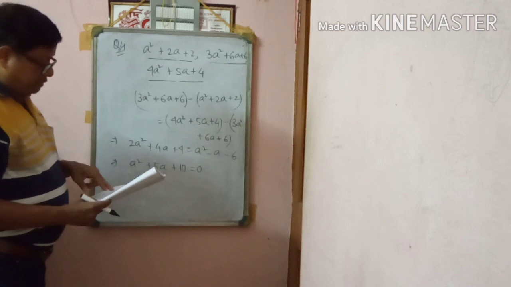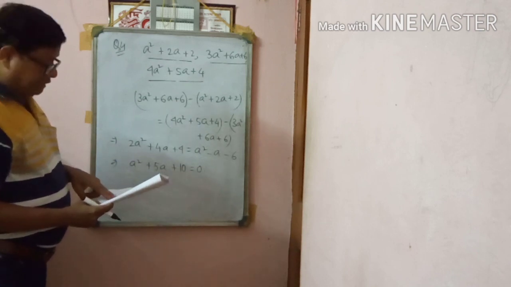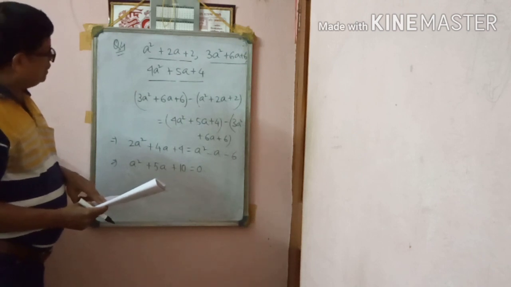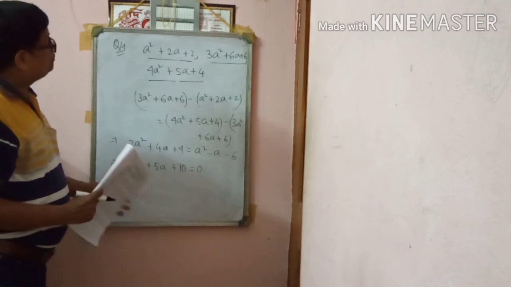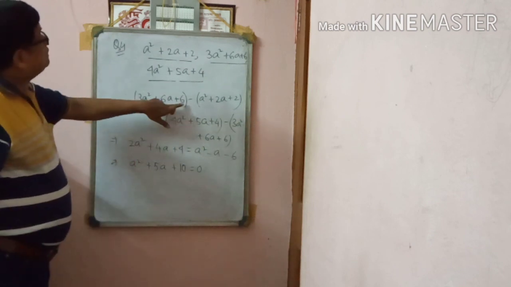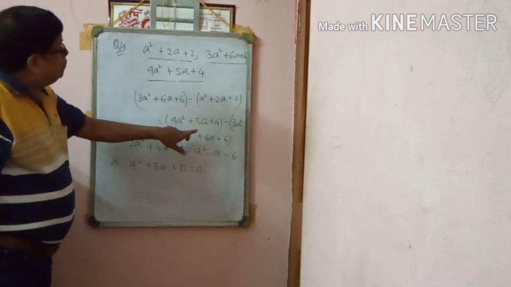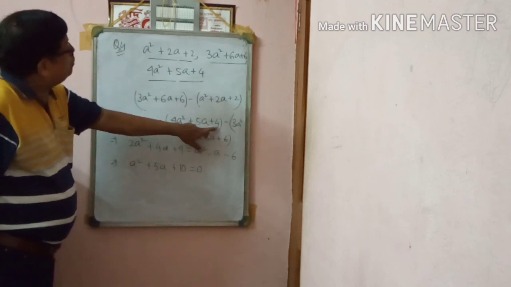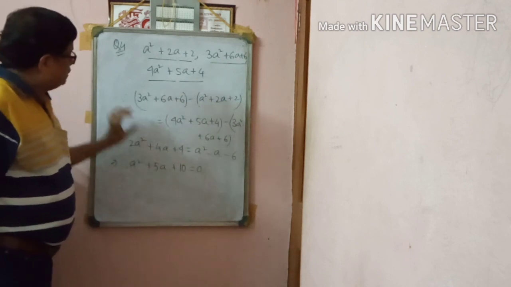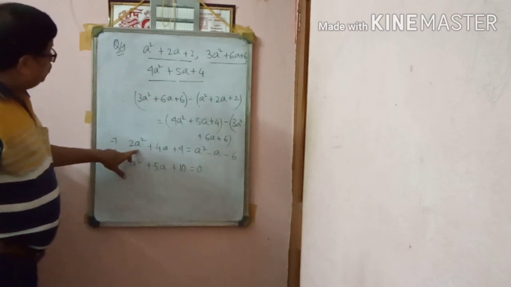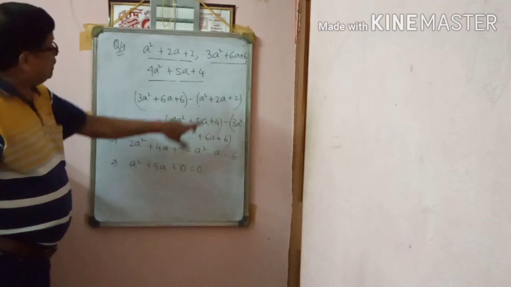So 3a square plus 6a plus 6, 4a square plus 5a plus 4. So here 3a square plus 6a plus 6 minus a square plus 2a plus 2 equal to 4a square plus 5a plus 4 minus 3a square plus 6a plus 6. So 3a square minus a square is 2a square, 6a minus 2a is 4a, 6 minus 2 is 4.